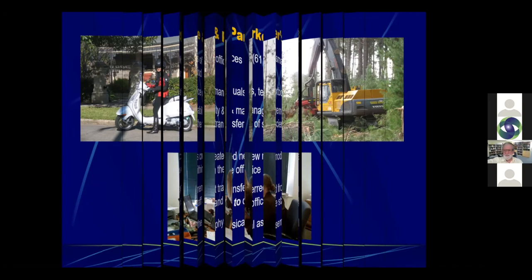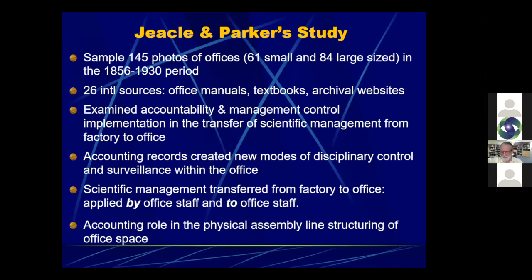The study I did with Ingrid Jekyll was a monster of a study. It's got 145 photographs of officers in the 1856 to 1930 period. Originally, I did all the photo analysis, and I did the study on 45. And then we got qualitative reviewers who said, oh, that doesn't seem a lot. Couldn't you do more?